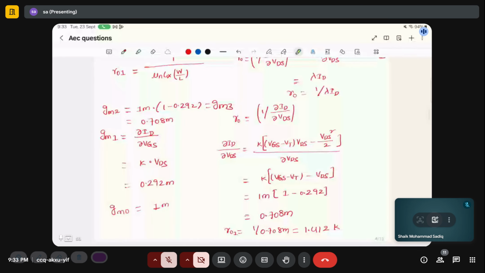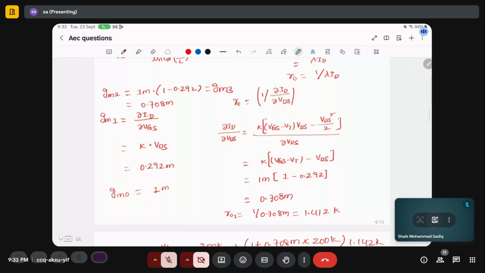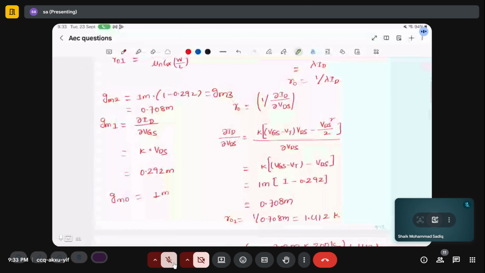GM, anyhow, you know the formula for saturation: GM is mu W by L into VGS minus VT, or 2ID by VGS minus VT, which is 0.708 milli. Again, what is the formula for GM? Dou ID by dou VGS. You have the current equation in triode: K into VGS minus VT into VDS minus VDS square by 2.